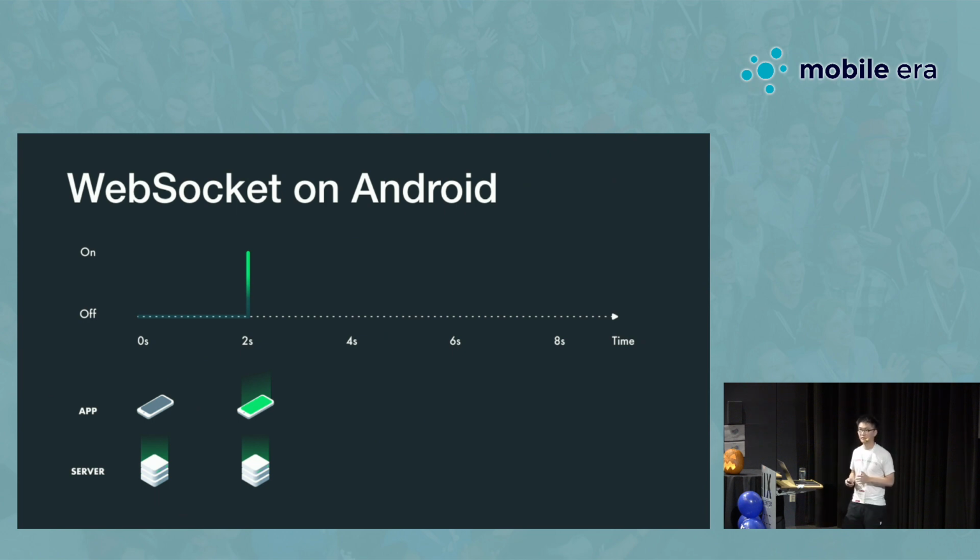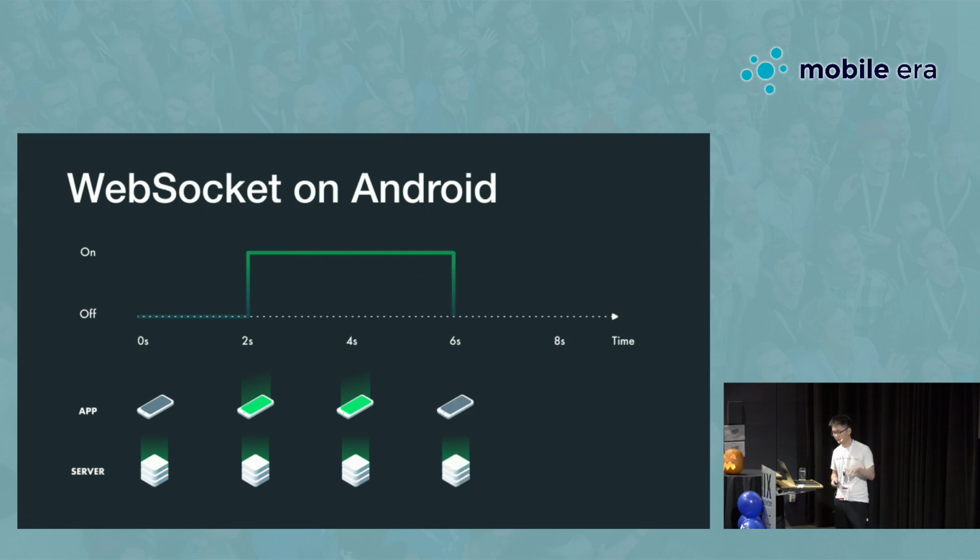And right now, the user just opened the app and we want to connect to the server and the connection is on. The user is still in the app, so we want to keep the connection on. But when the user leaves the app, we want to turn off the connection. This is simple and straightforward.